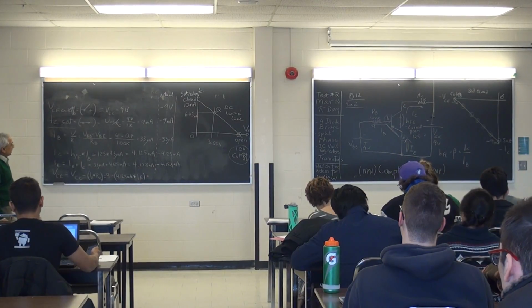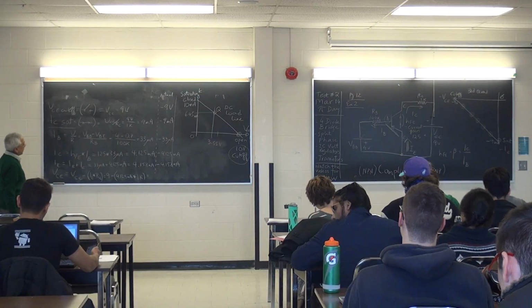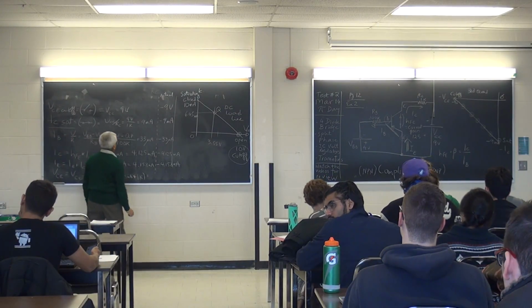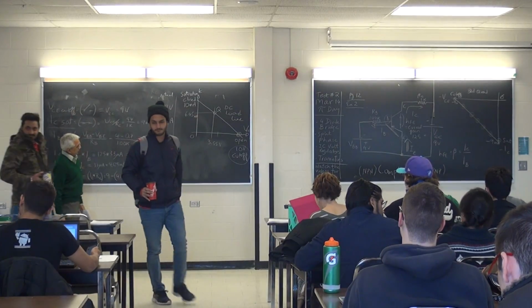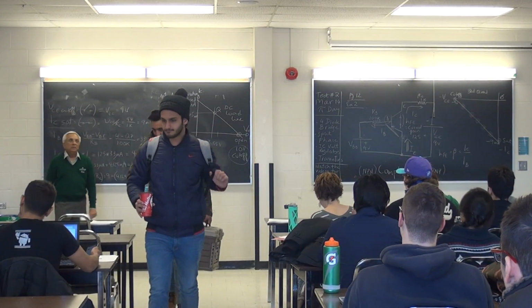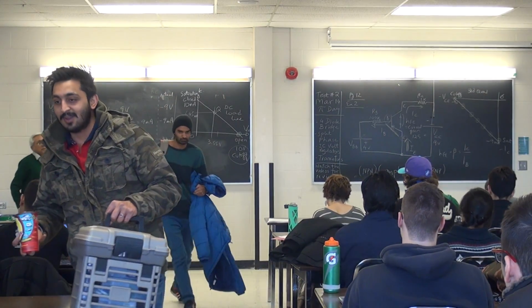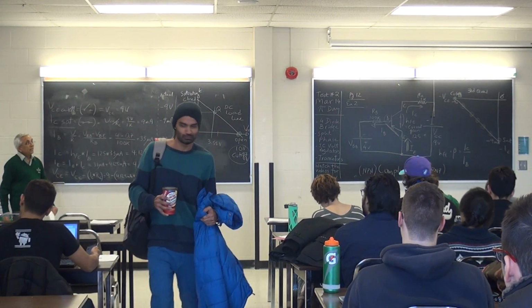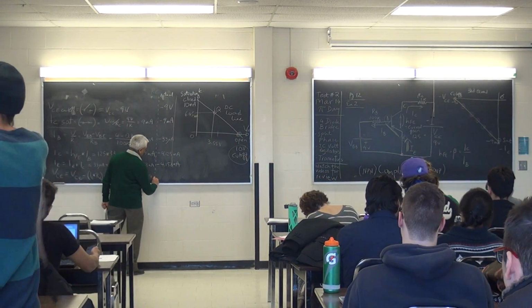Milli and kilo cancel. 5 point something. What do you get? 4.875.